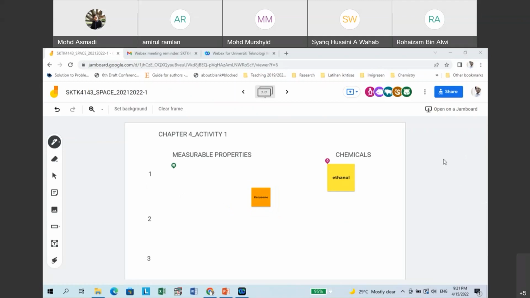Kalau solvent must be in liquid form, yang tu apa? At the extraction process of 25 degree. Ini biasa. Must be a liquid.